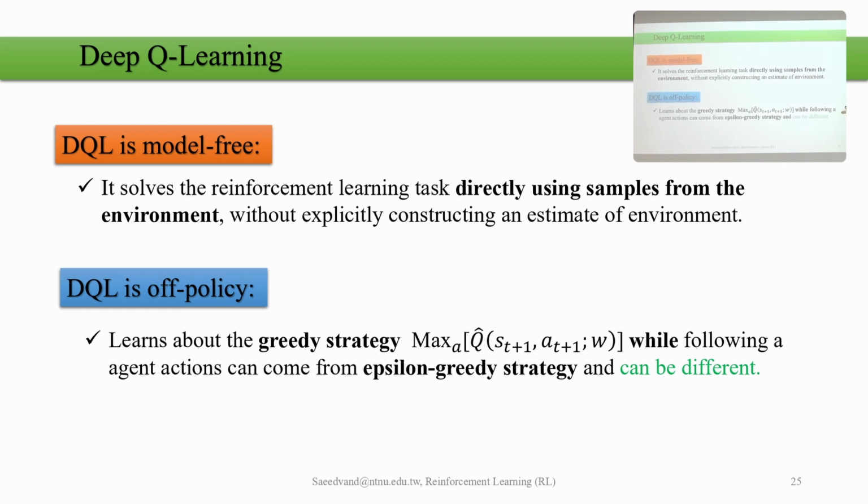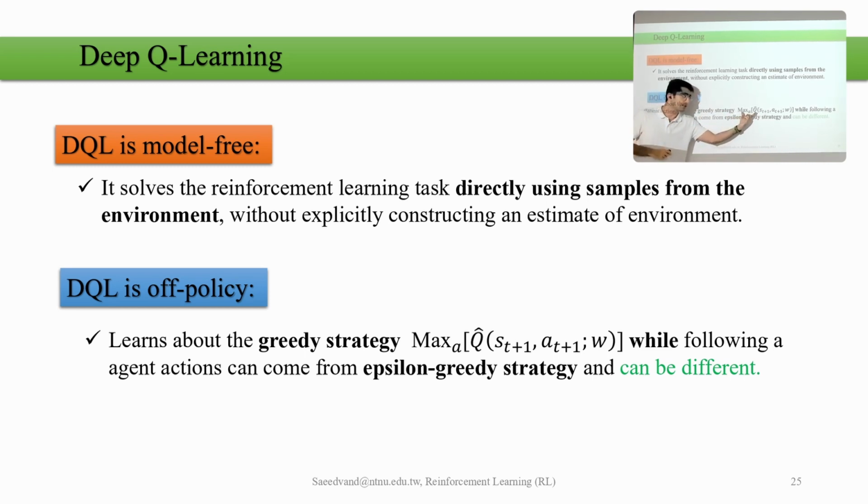Now you may say, if we apply deep SARSA learning instead of deep Q-learning, then what will happen? Then of course we will have on policy instead of off policy, because in that case the update of the network will be steady with the action selection over there. Same concept, we have it here.